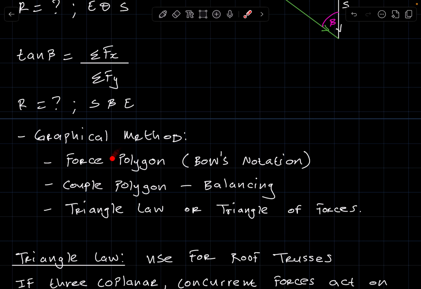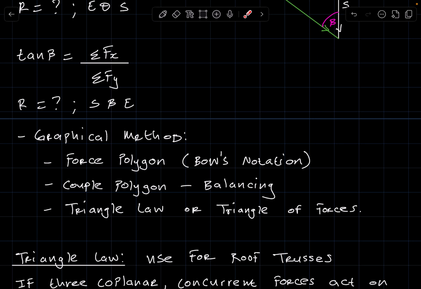What a polygon of forces essentially means is forces that are more than 3, because if they are equal to 3, then you simply use the triangle of forces. So if your vectors form a shape that takes more than 3 forces, then you refer to it as a polygon of forces.